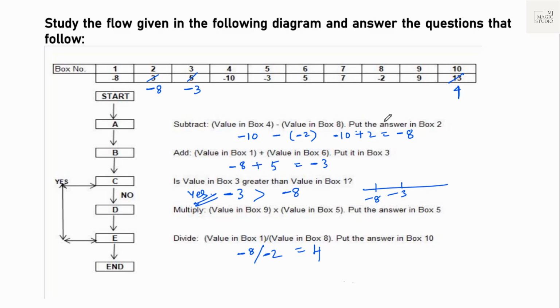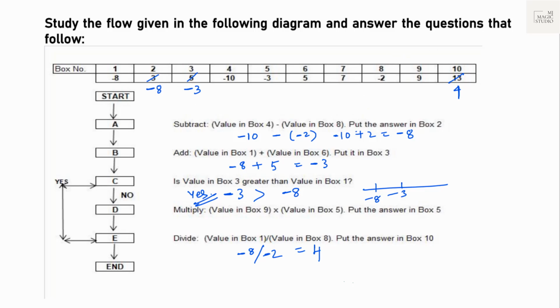This will become 4. So we have minus 8, minus 8, minus 3, minus 10, minus 3, 5, 7, minus 2, 9 and 4 as the final results in these boxes.